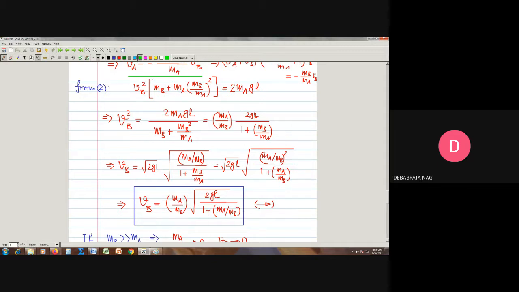So that will be the complete answer to this question, where we are getting this velocity.